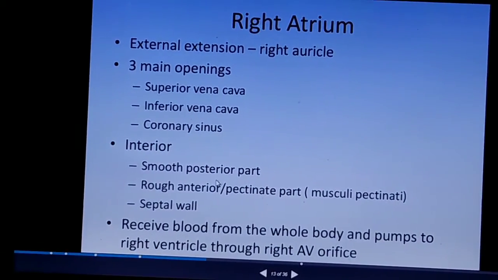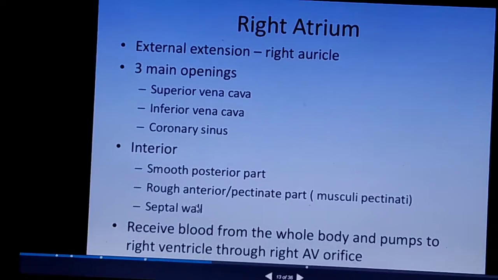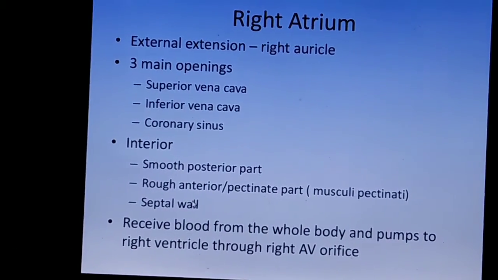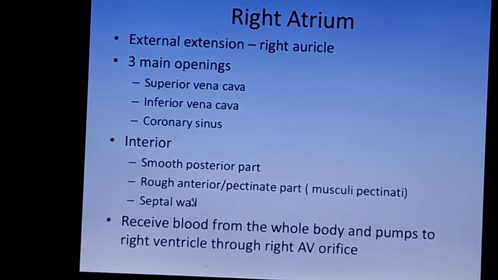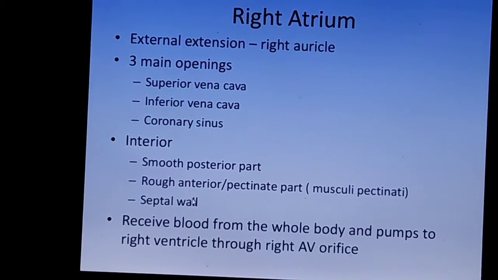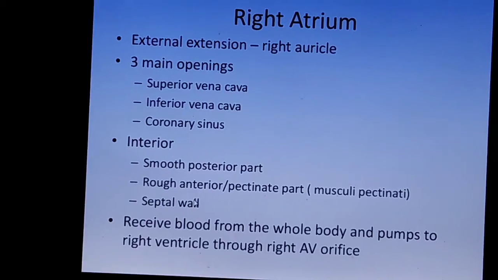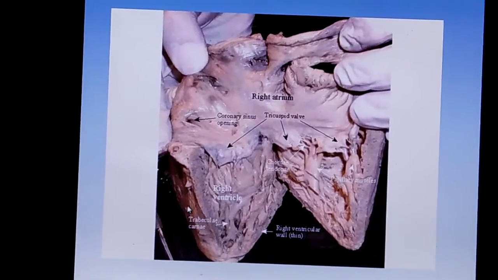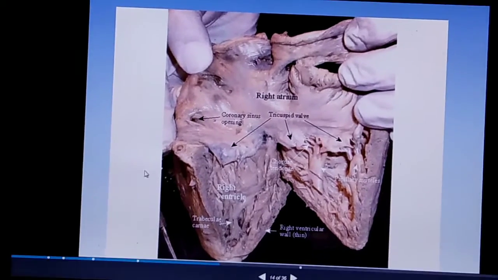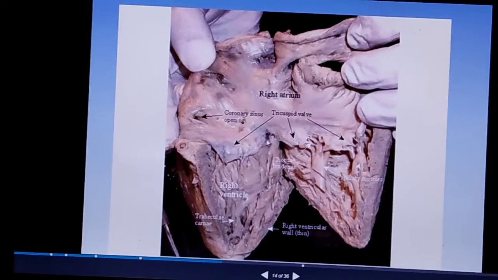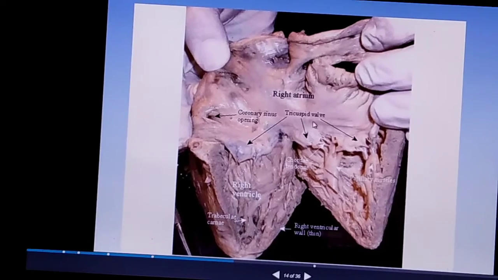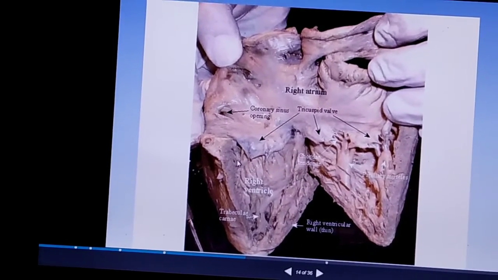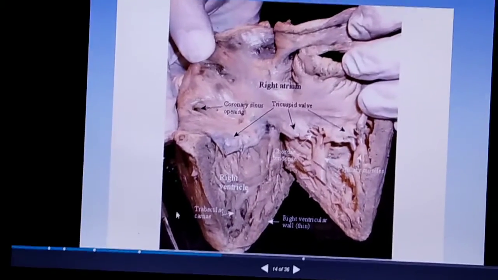Orifice means opening. This is the structure of the right atrium. Here we can see the tricuspid valve and the coronary sinus.